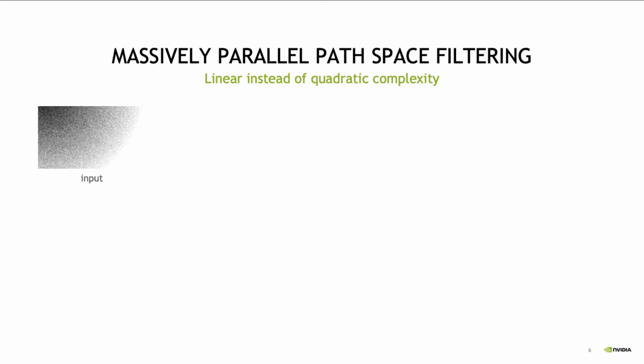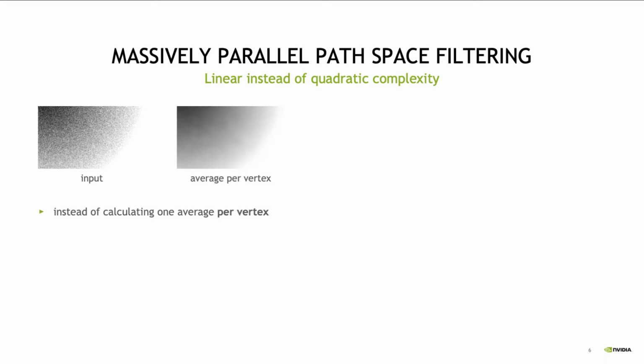Here, for the sake of simplicity, we are going to filter a simple gradient in 2 dimensions only. This is the result of a typical dithering application, in which samples are either black or white. For each vertex, which in this example is just a pixel of the image, we can calculate a local average. The result is an image filtered with radial blur.